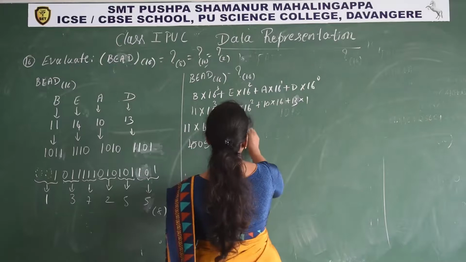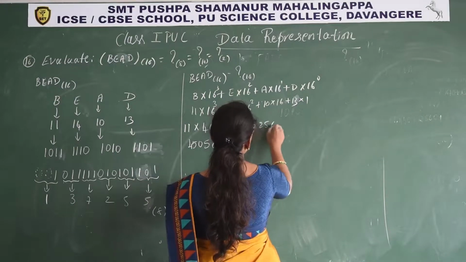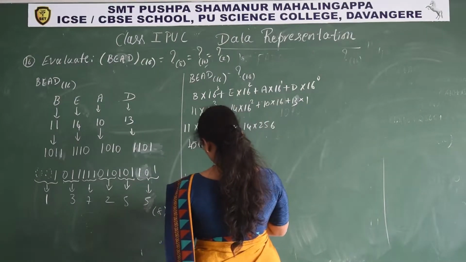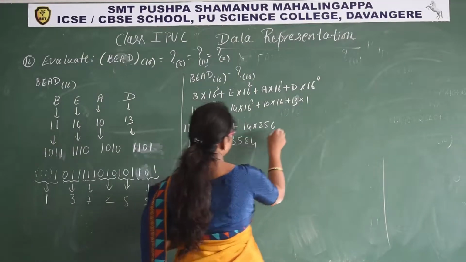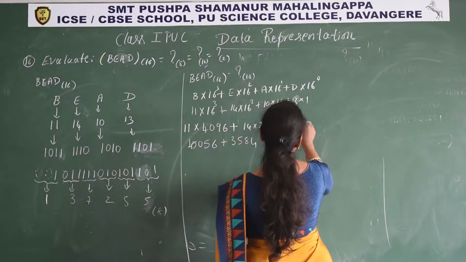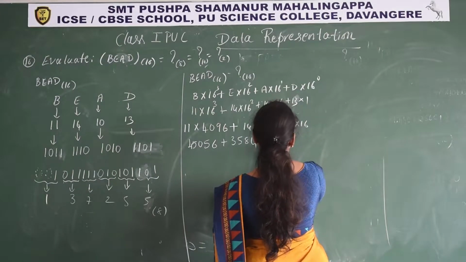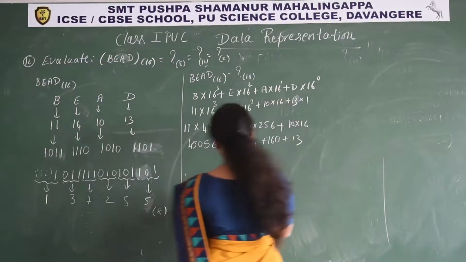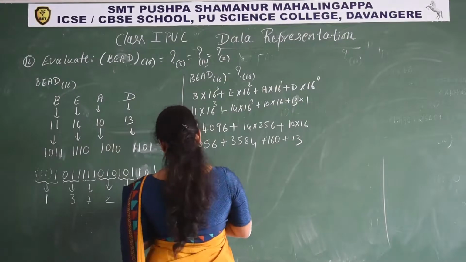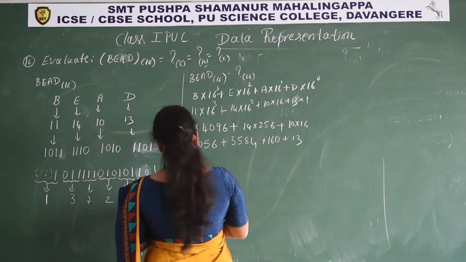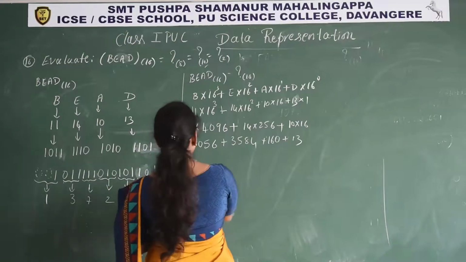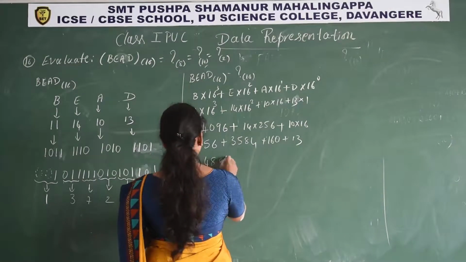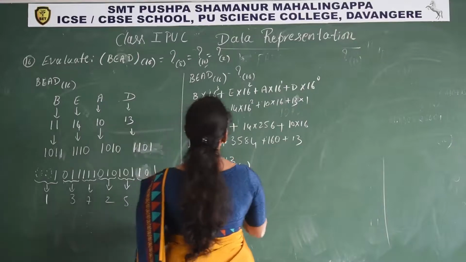Now 14 into 256 is 3,584, plus 10 into 16, that is 160, plus 13, plus 45,056. So the answer is 48,813 base 10.